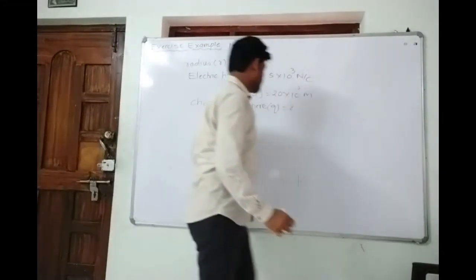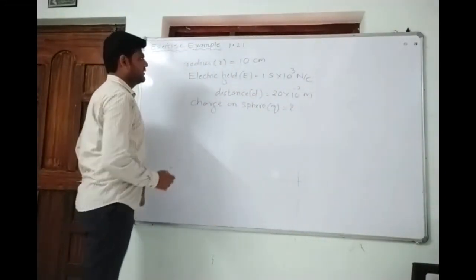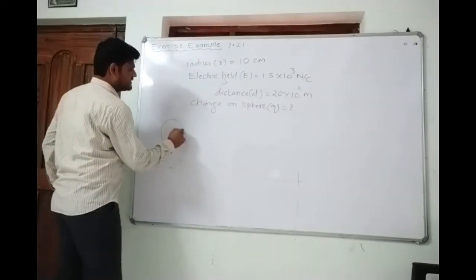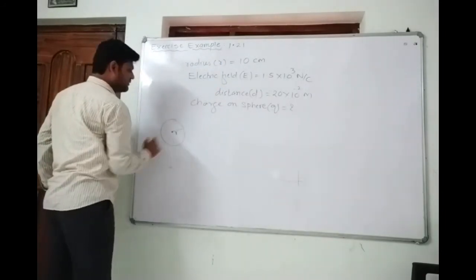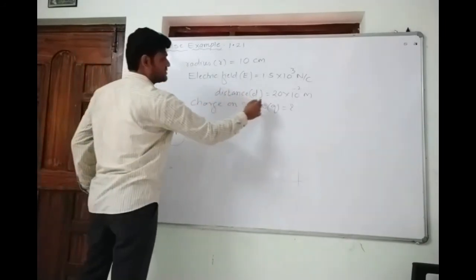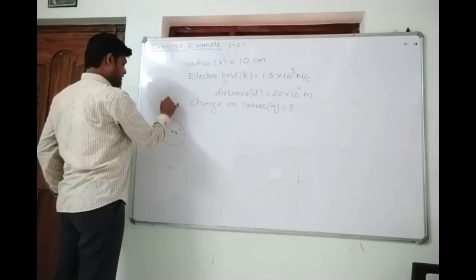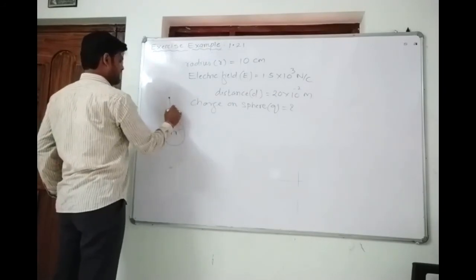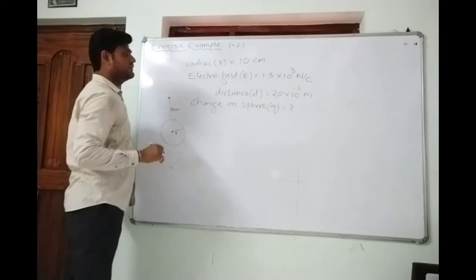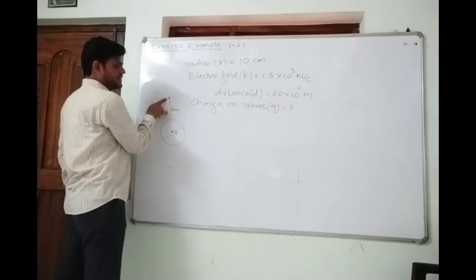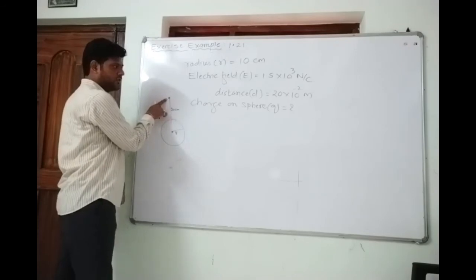Correct? Students, here the sphere is given to you. The sphere has a radius r equal to 10 centimeter, and at a distance of 20 centimeter the electric field is given to you.